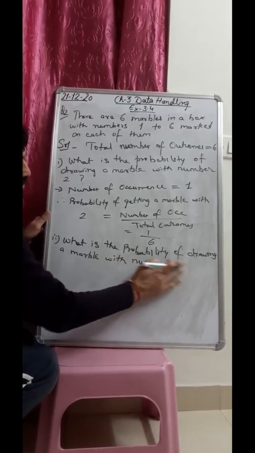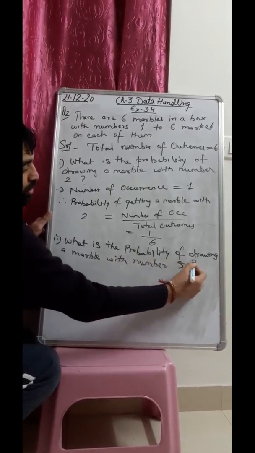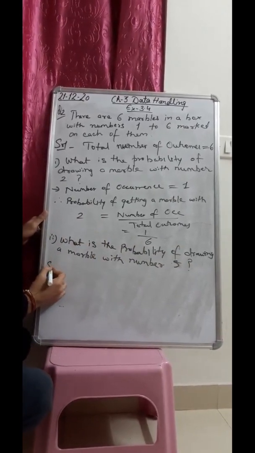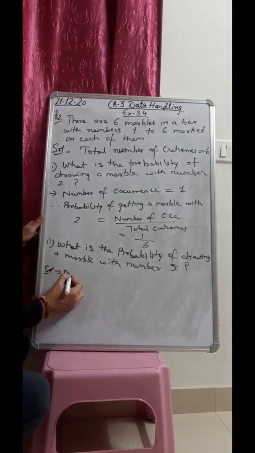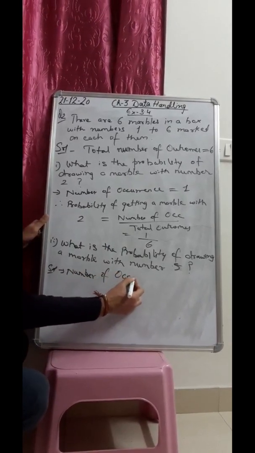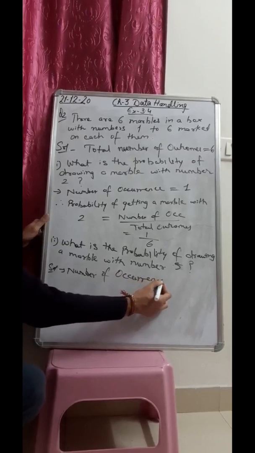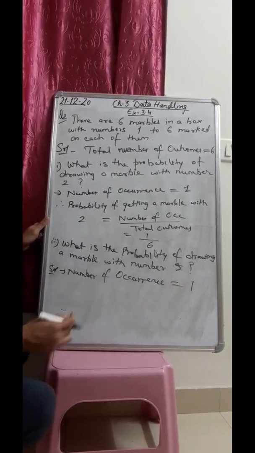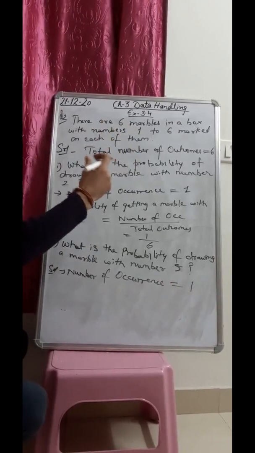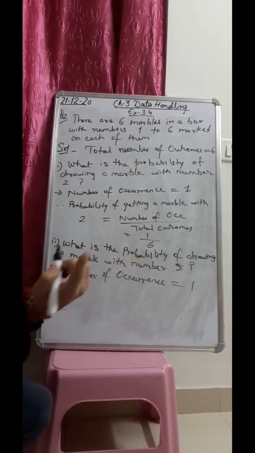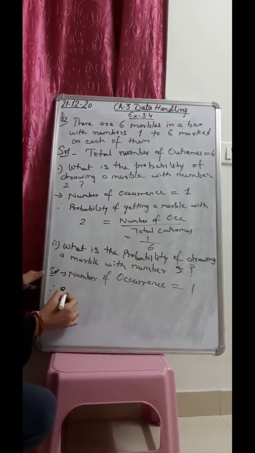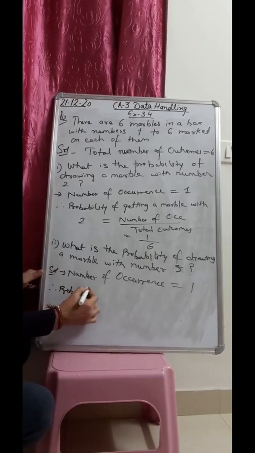We have to find the probability of drawing a marble with number 5. Again the number of occurrences will be 1 only. Why? Out of 6 marbles, when we draw a marble with number 5, the number of occurrences is 1.